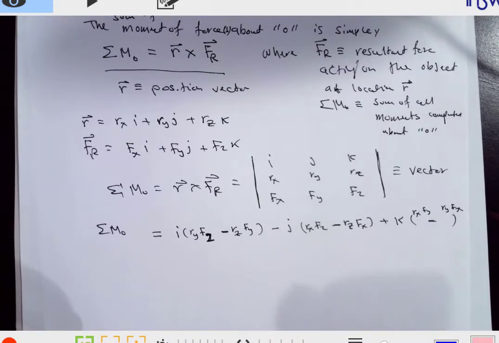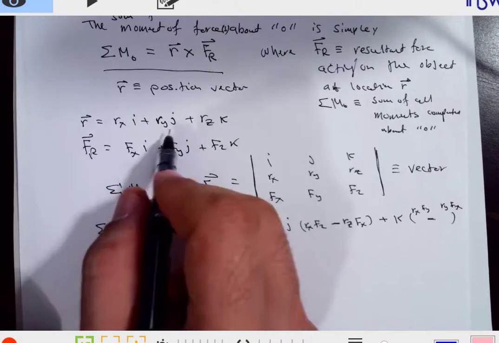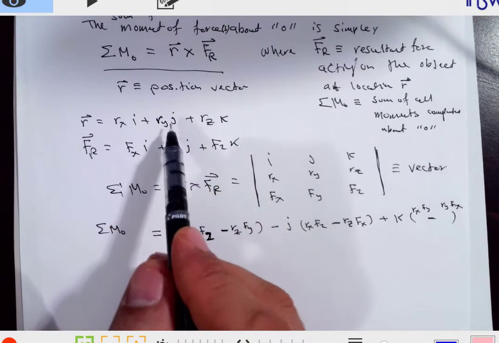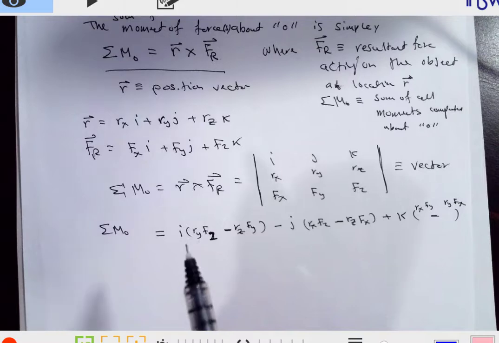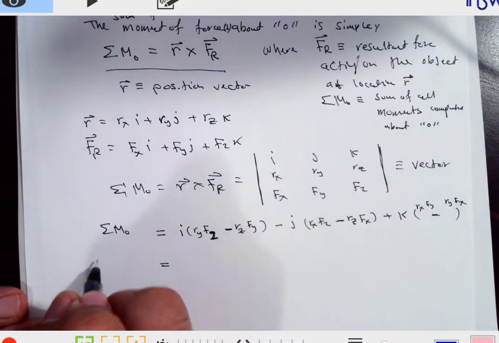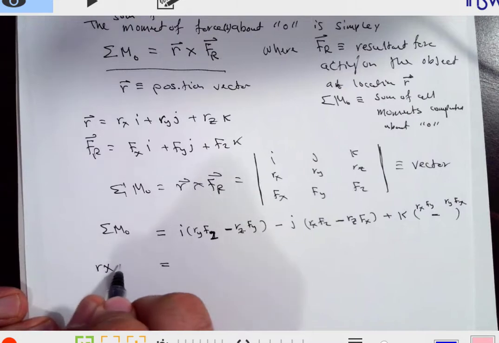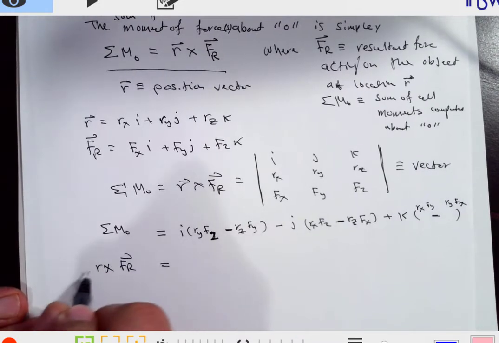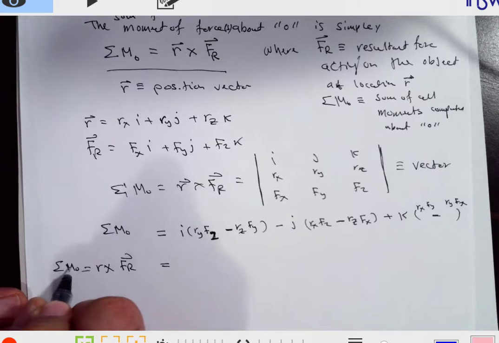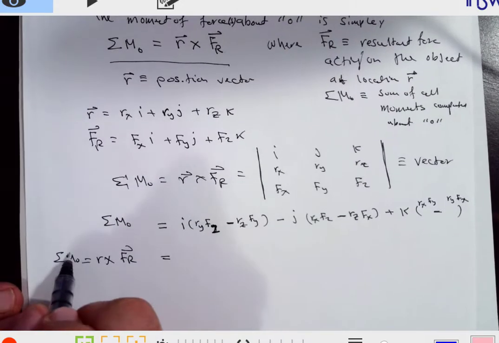The magnitude of this vector can also be obtained from the cross product. So this cross product, R cross Fr, gives the moments.